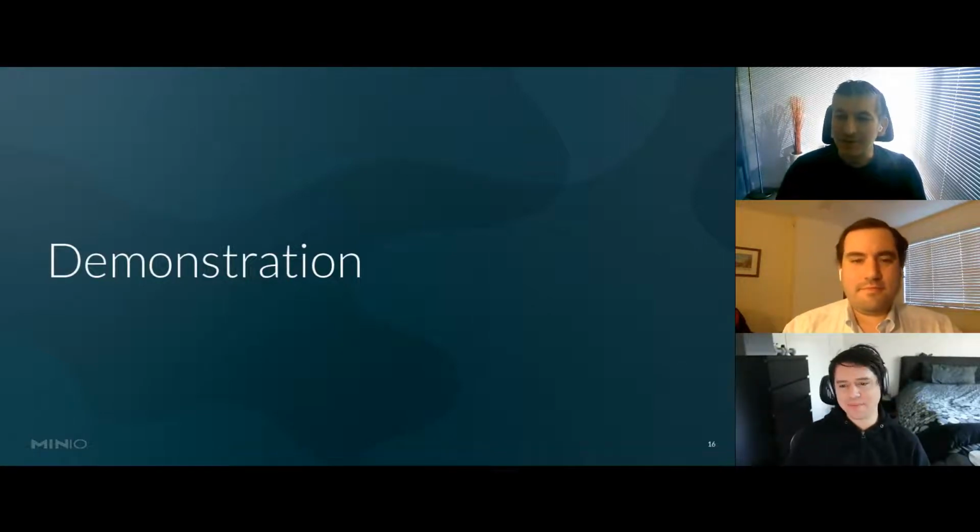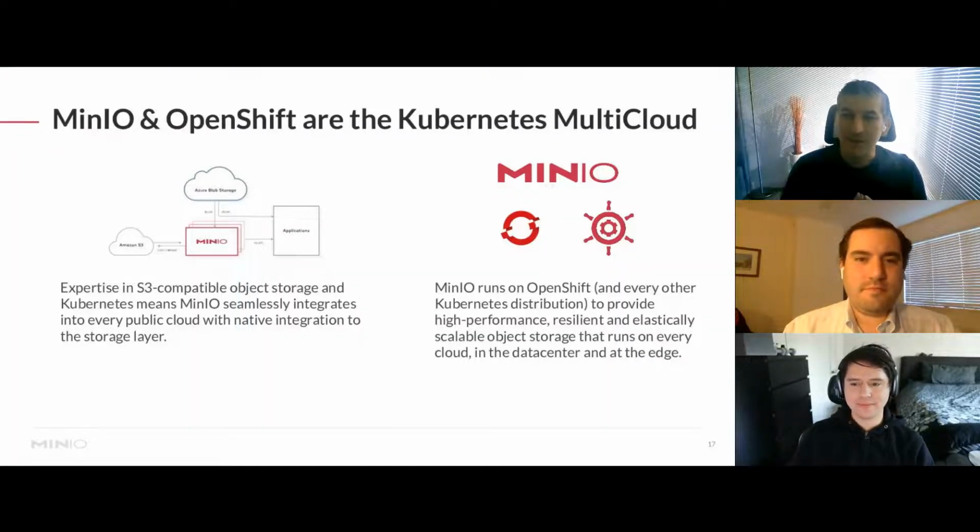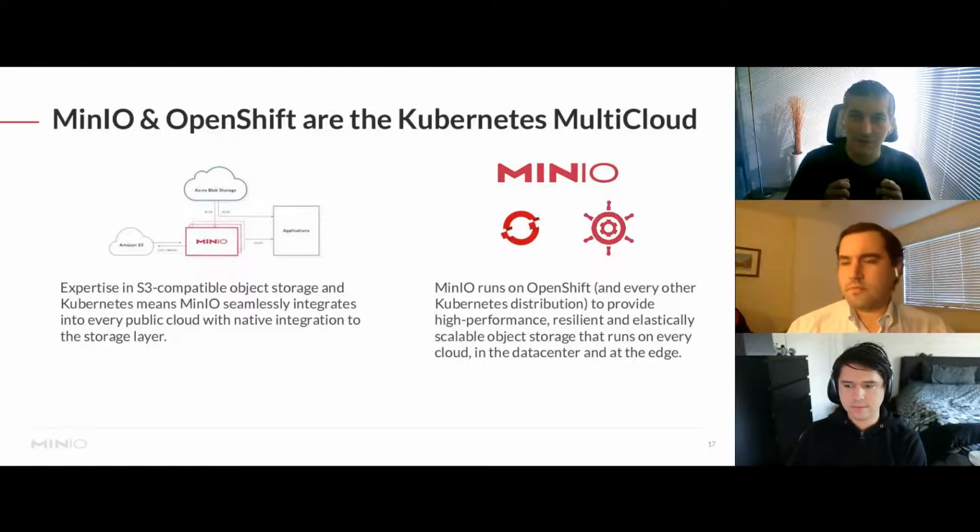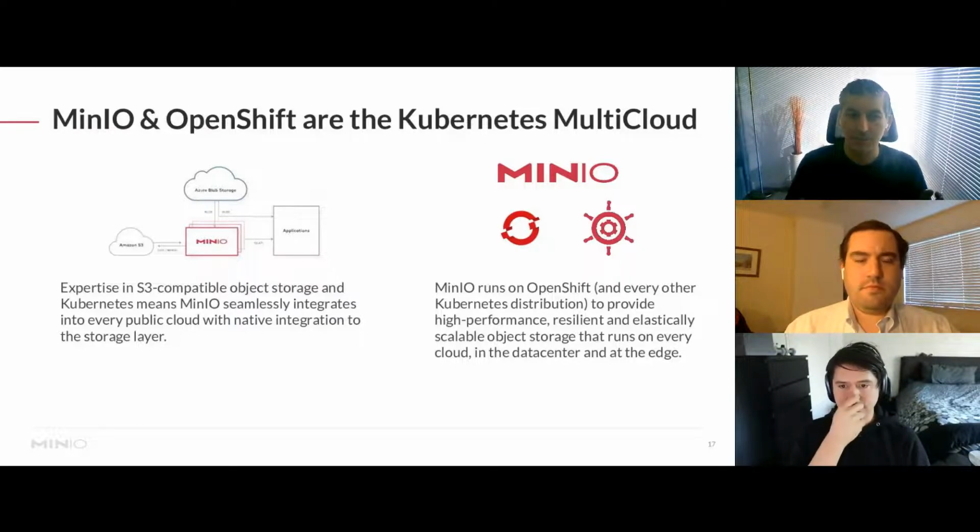So in summary, what we want to say is MinIO and OpenShift are the cornerstones and the main building blocks for any modern multi-cloud architecture in today's world. The expertise that we have in S3 compatible storage and object storage made it easier for us to seamlessly integrate into every public cloud.